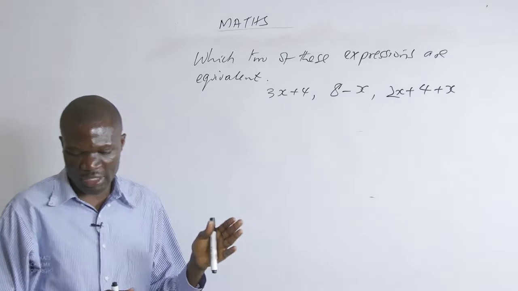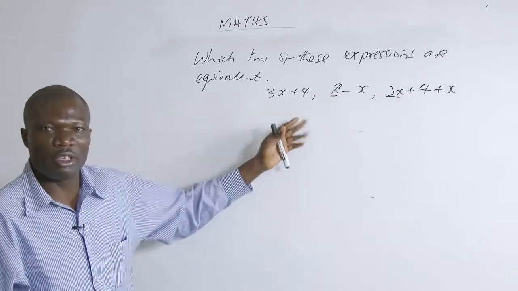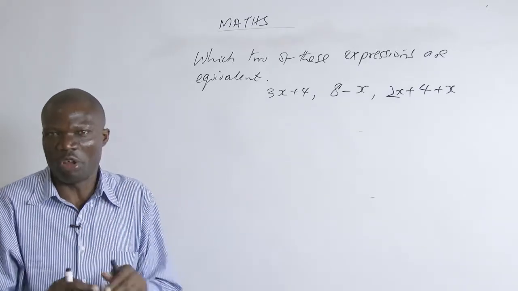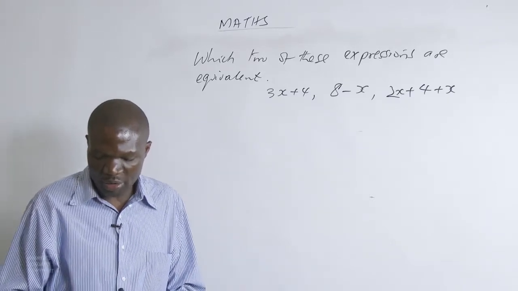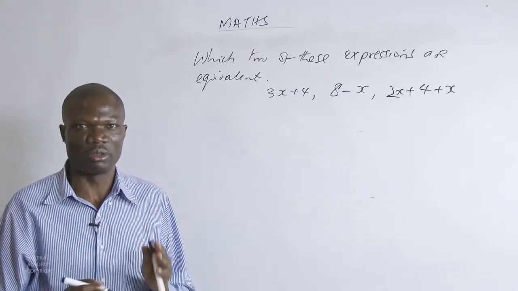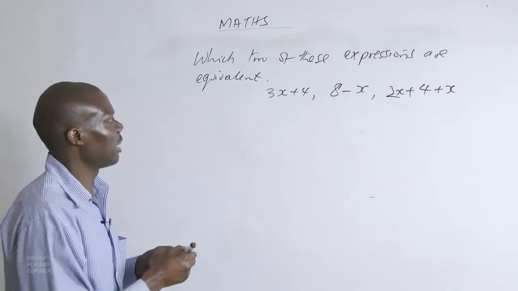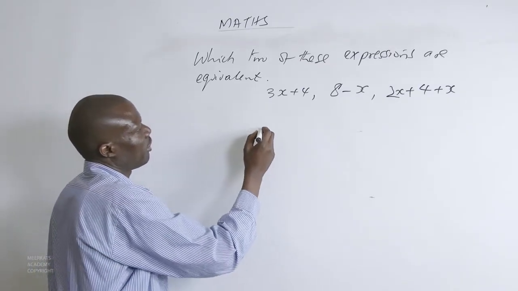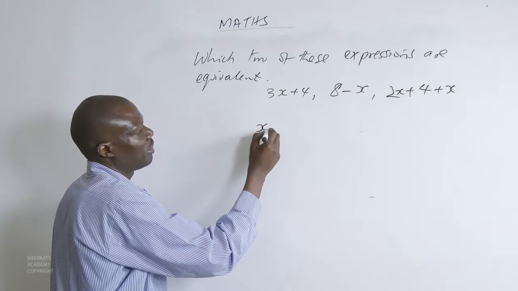And here, the easiest way to work this out is to make a table. You create the table, and then we assign some values and see what we are going to have. So let us have a table.